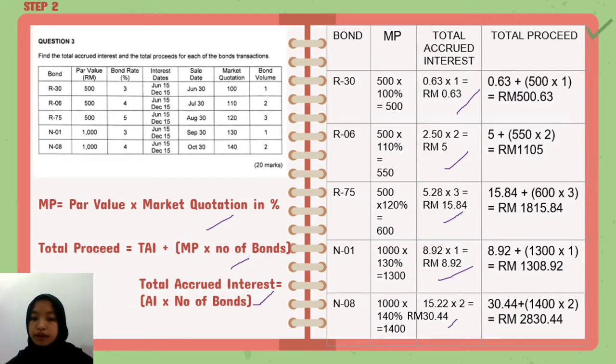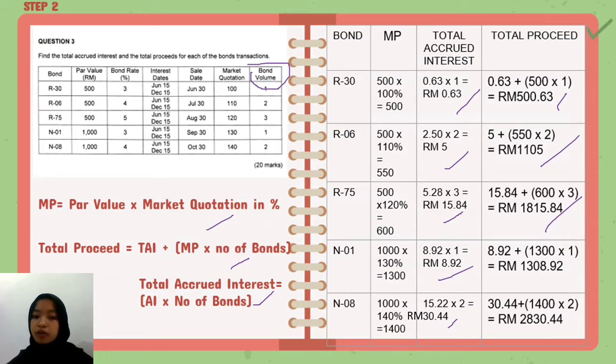Total proceed. The number of bonds we take from the bond volume table. So for bond R30, we get 500 ringgit 63 cent. Bond R06, 1105 ringgit. Bond R75, 1815 ringgit 84 sen.